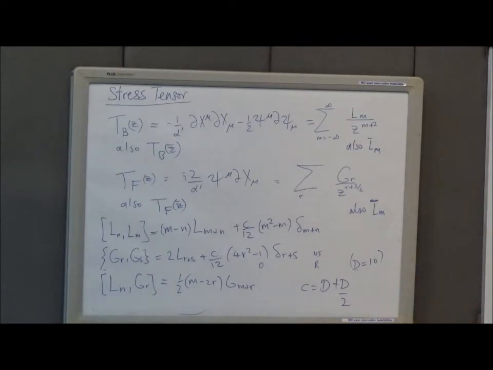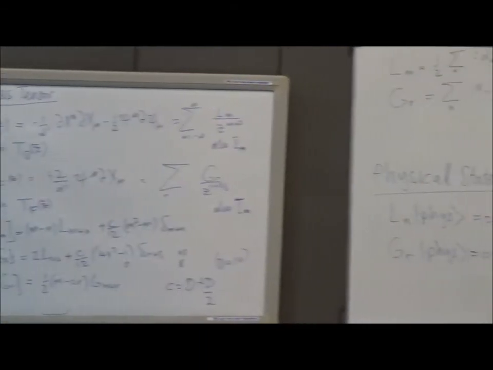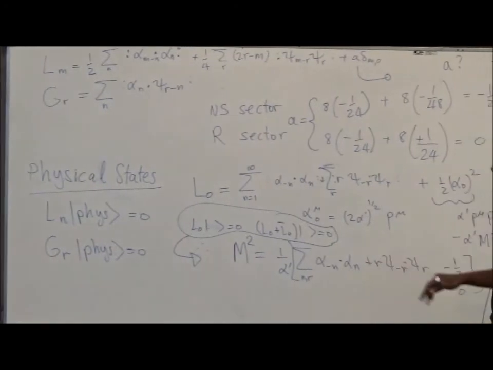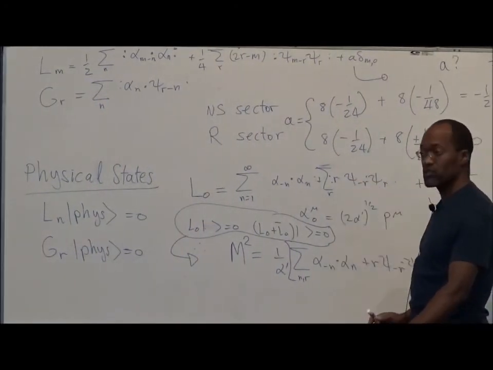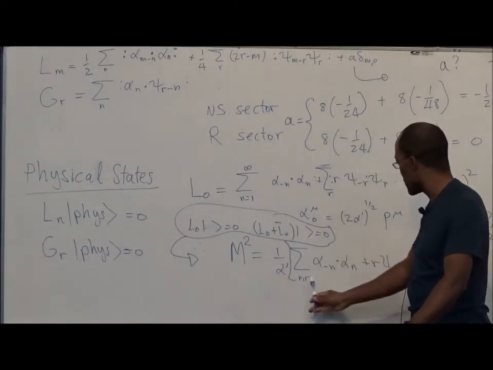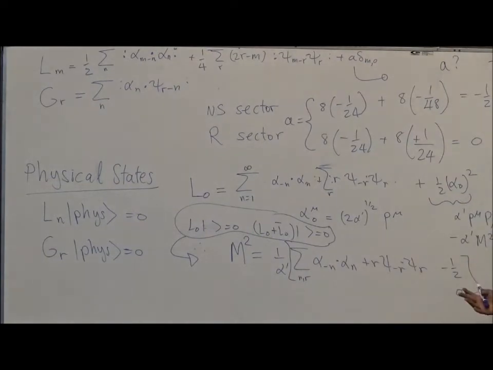But at the end of the day, yes, these L n are symmetry generators, and the G's are the fermionic cousin, and so they should annihilate physical states. In the case of L0, annihilation of physical states corresponds to saying what the mass of the state is.